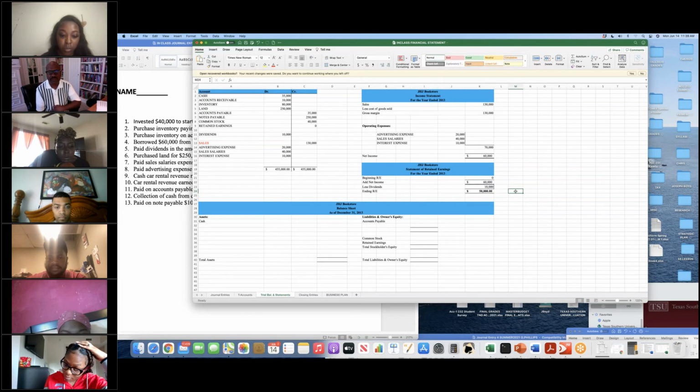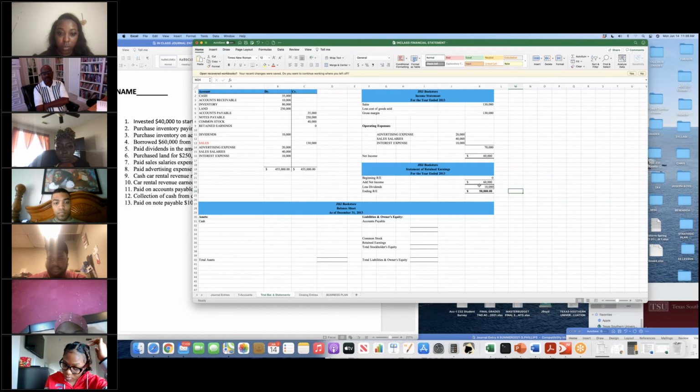See if it does it for us. So we just put in a formula: beginning plus the net income minus dividends gives you ending retained earnings.